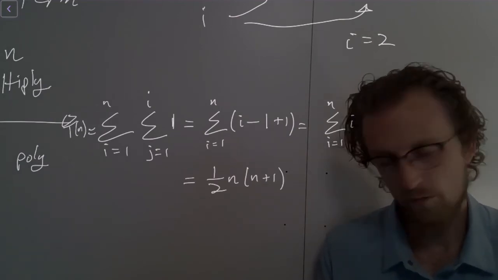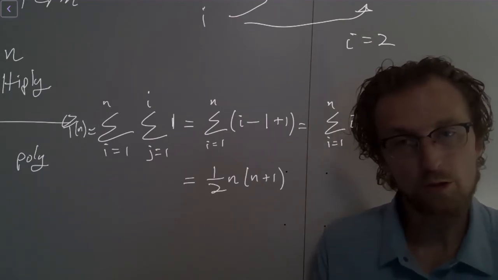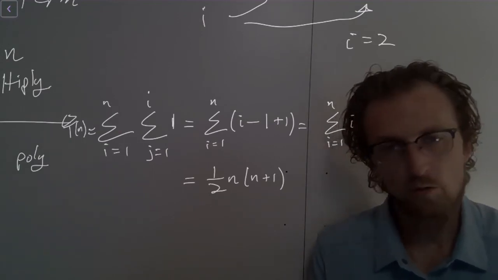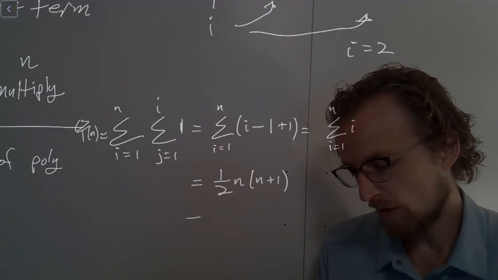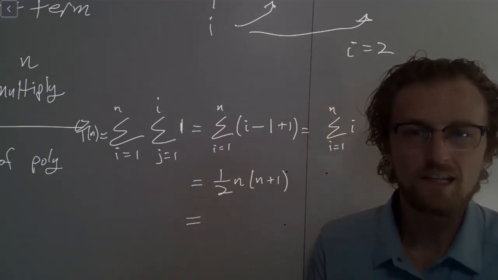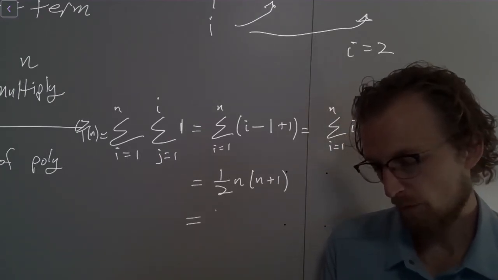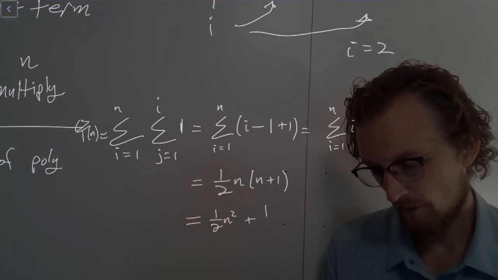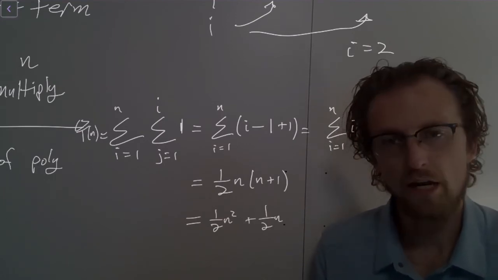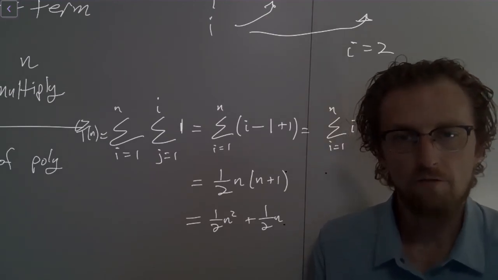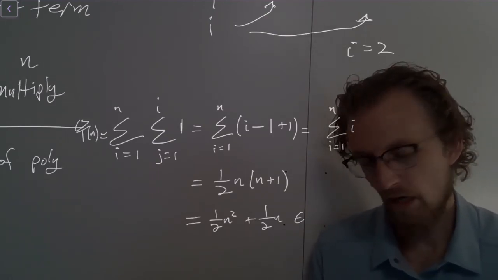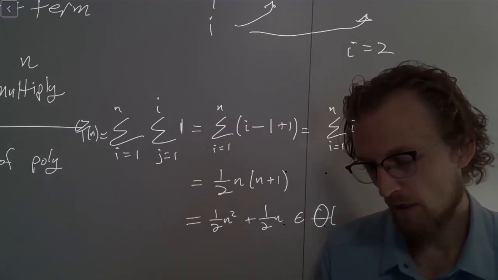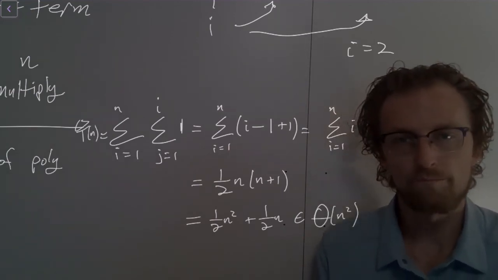If you look at this, you see there's an n squared term in this polynomial. We could write that out in extreme detail, or we could just notice, hey, this is an n squared algorithm. The proof here is just the following: the expression is actually just 1/2 n squared plus 1/2 n, which, because it's a polynomial of degree 2, we know is an n squared algorithm.